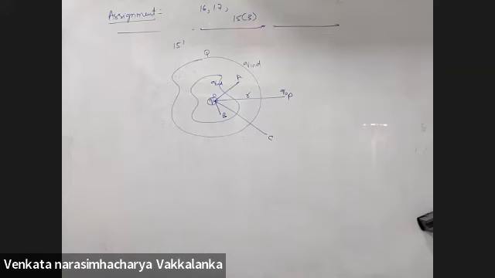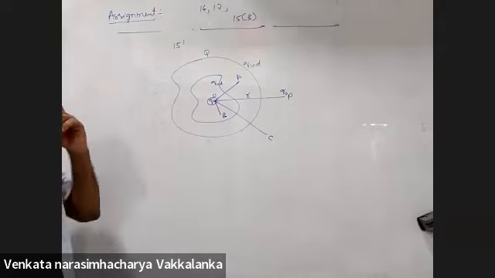Electric field due to induced charges on the outer surface of the sphere. Find induced charges on the inner and outer surface of the conductor. Electric field at points A, B, C due to induced charges on the inner surface of the cavity. Right? Electric field at A, B, C due to induced charges on the outer surface of the conductor. Right? Have a look at it.